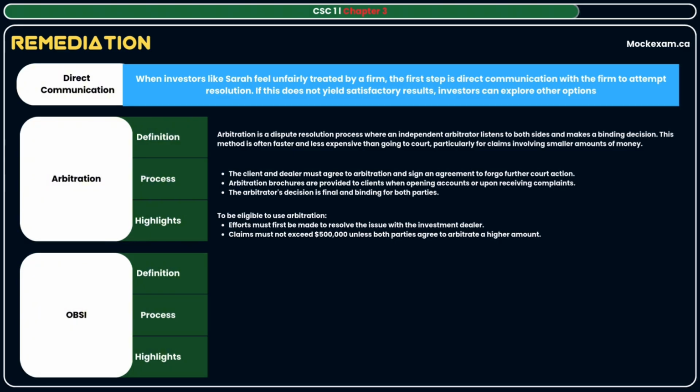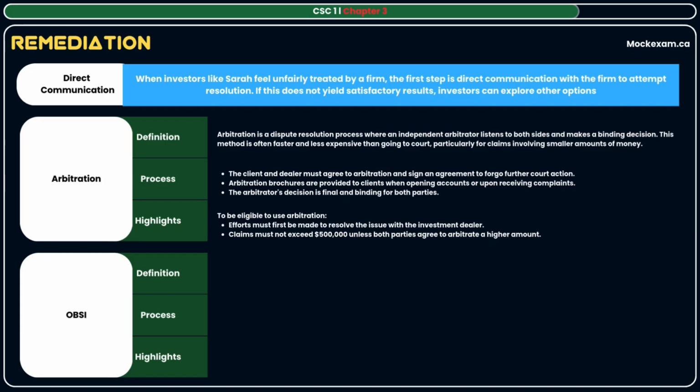So these are the eligibility criteria for the arbitration option. In the case of our example, if Sarah files an arbitration claim against her dealer for ignoring her instructions, both parties agree to the process, and the arbitrator awards Sarah partial compensation for the losses, then Sarah cannot pursue the matter further in court.